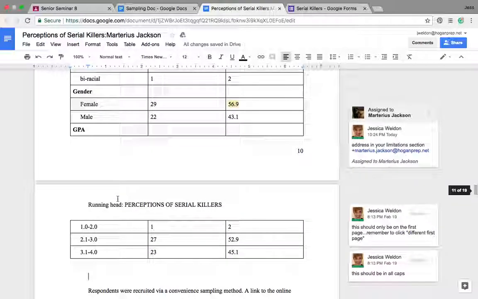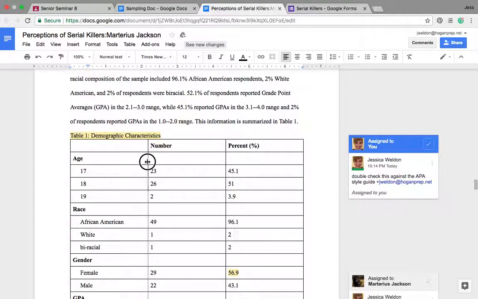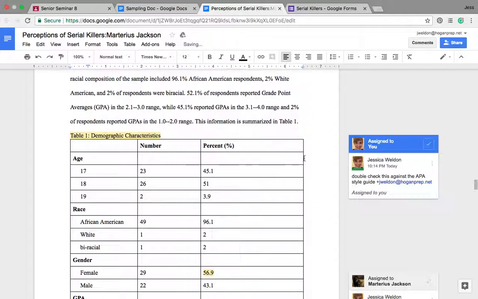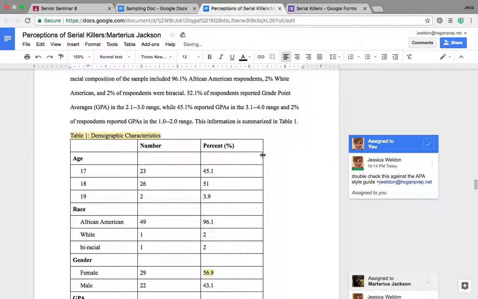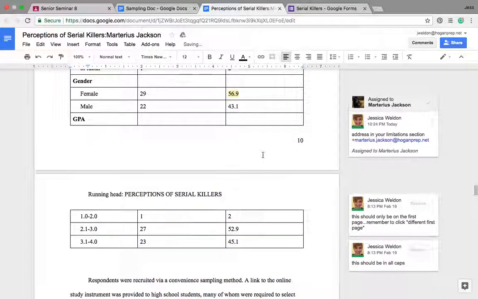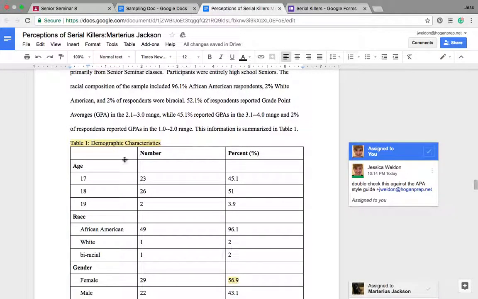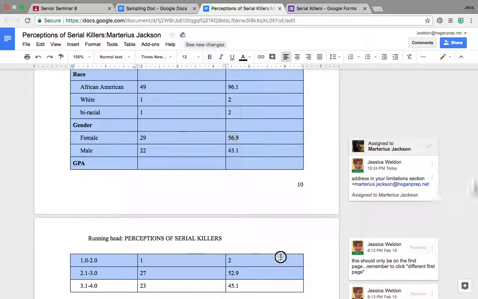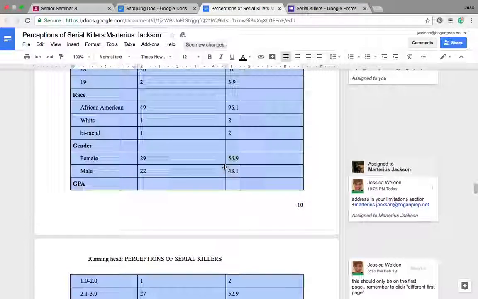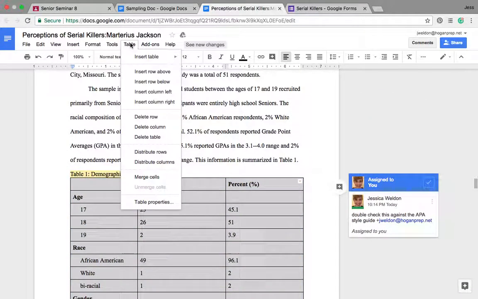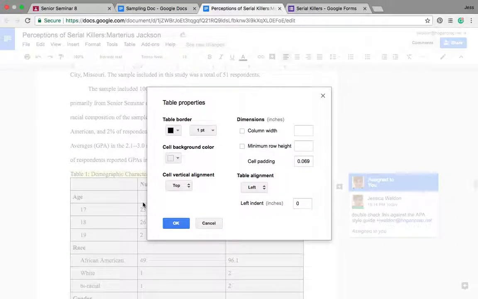All right, cool. Now look at my really awesome table. I am just taking steps to make it a little bit cuter. I know that not everyone thinks about cuteness of tables, but I certainly do. And you know what I want? I want all of the lines to go away. So I'm going to highlight this, and I'm going to go to table, and I'm going to go to table properties.